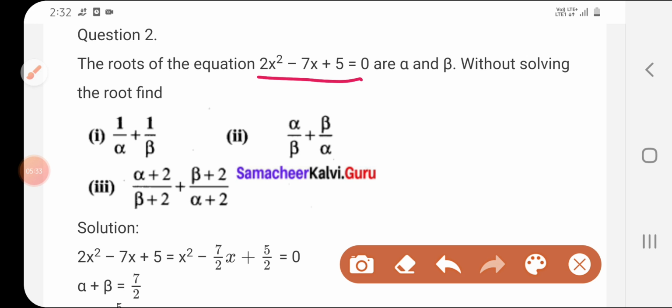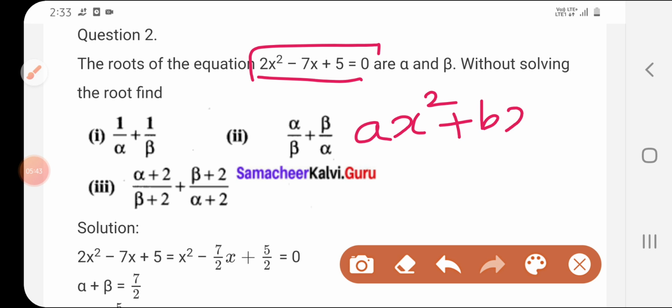When we take the equation, we know that ax square plus bx plus c is the general form of the quadratic equation.